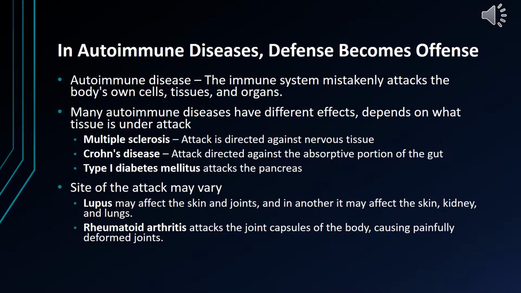And there are several different types of autoimmune diseases, each of which has a different effect, and this effect depends on what tissue is under attack. So here are 3 examples.